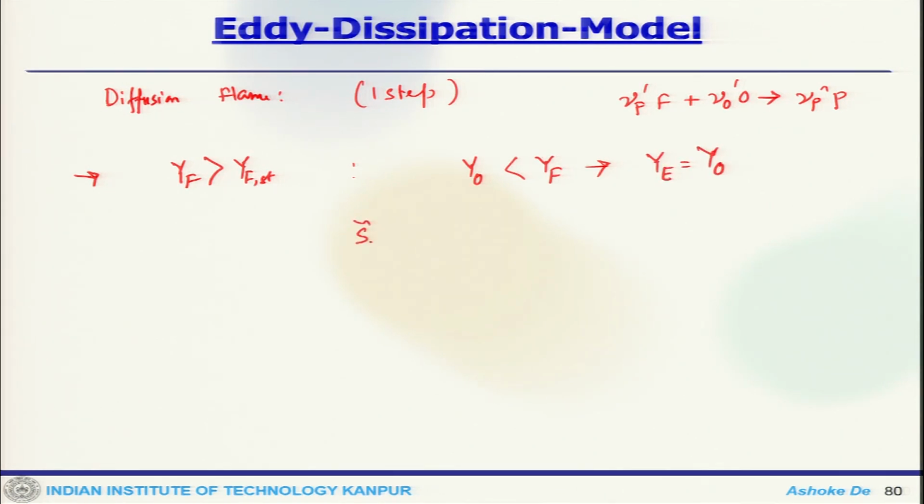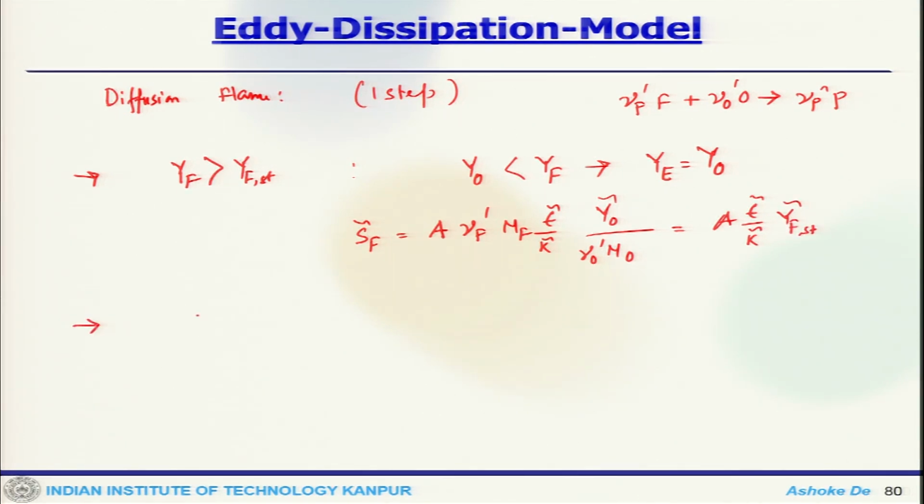So my S_F would be written as A nu_F M_F epsilon by k times Y_O by nu_O M_O, which is A epsilon by k Y_F stoichiometric.